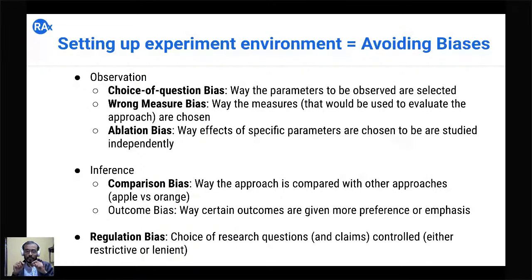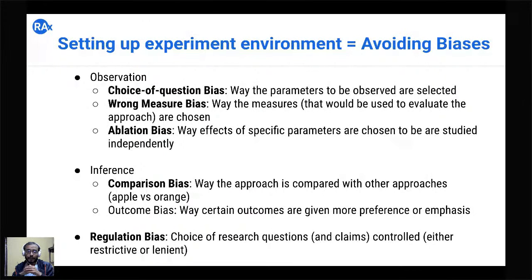So the choice of question bias is like you put on the wrong lens, but the wrong measure bias is like the lens itself is cracked, is defective. You think that you have worn the right lens, but the lens itself doesn't actually tell you what you think it tells you, right? And that happens a lot as well.